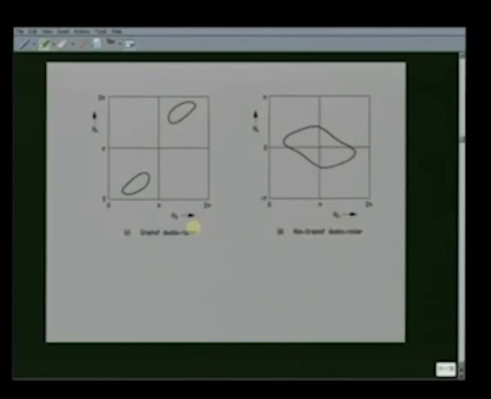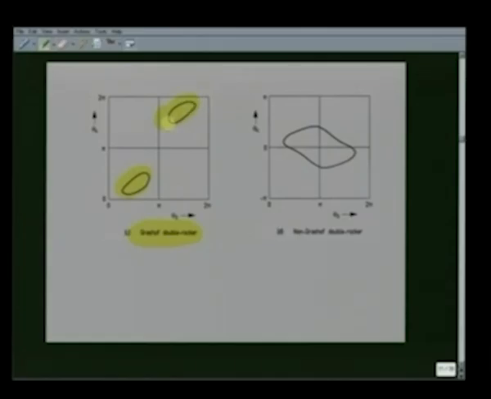If we have a Grashofian double rocker, then again we have two loops, one as we see here and the other there. Because this is double rocker, neither theta 2 nor theta 4 can make complete rotation. So, they are limited between two extreme values.